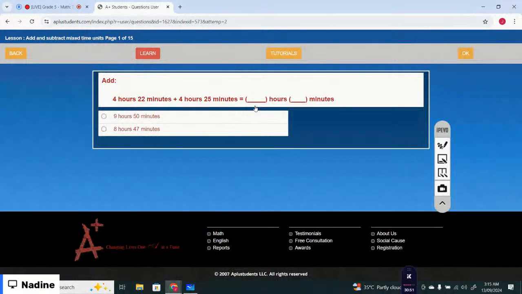4 hours 22 minutes plus 4 hours 25 minutes, you have to add, right? So just add hours to hours and minutes to minutes. So 4 hours plus 4 hours is 8 hours, and then you have 22 minutes and 25 minutes.